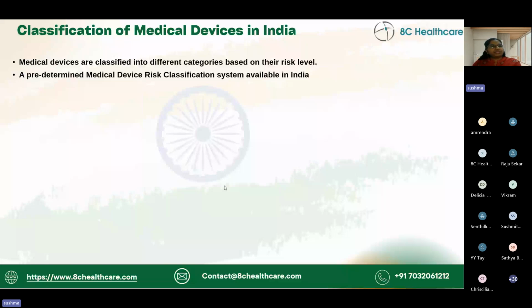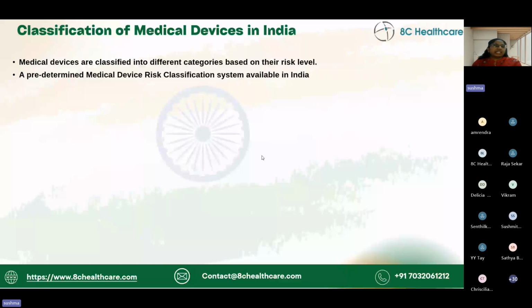For example, if you have a device which falls under orthopedic or ophthalmic, there is a certain list of already approved devices in India. You can refer to the classification list provided by CDSCO to confirm your classification of the device, or also verify the medical device rules to confirm the classification.